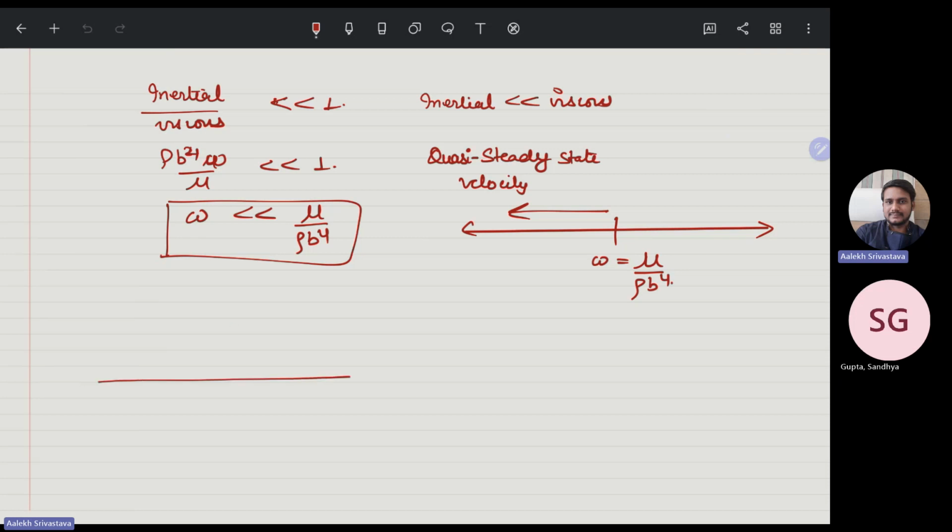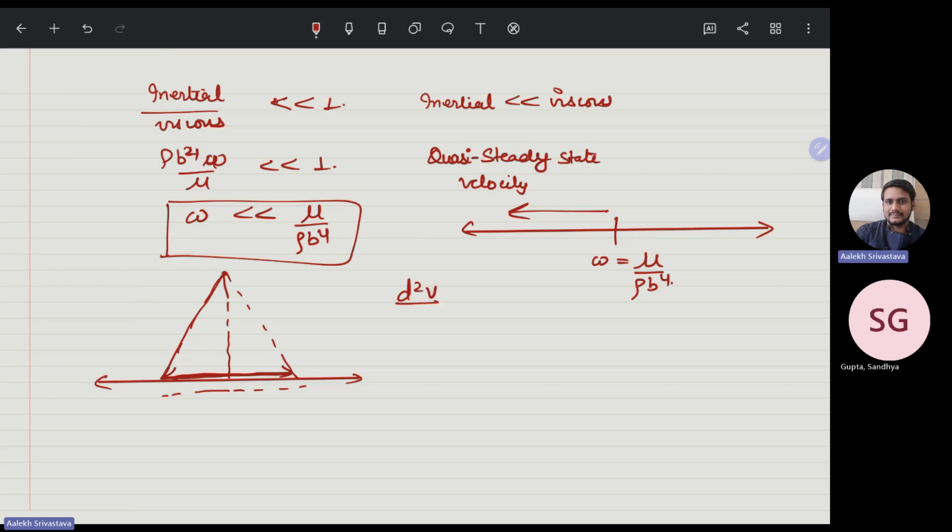So it is like that at the bottom of the plate, suppose it is oscillating in this way, and this is the top plate, so here velocity is 0. So for any location with the plate, the fluid layer is oscillating here and there, to and fro.